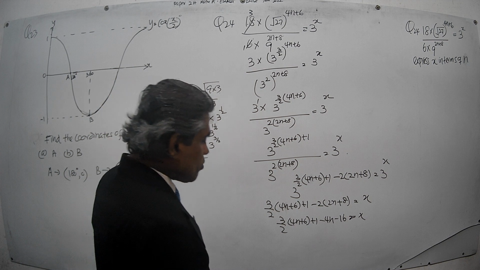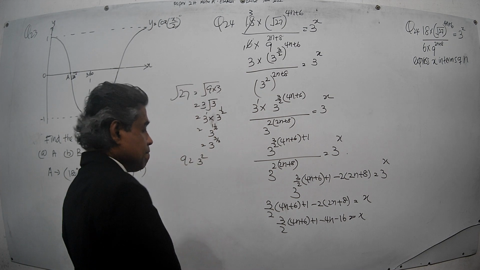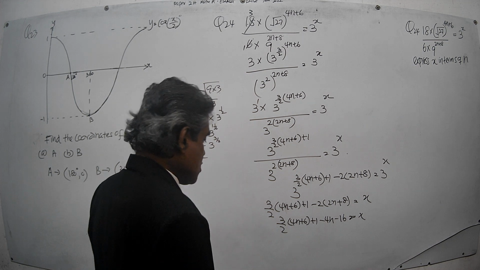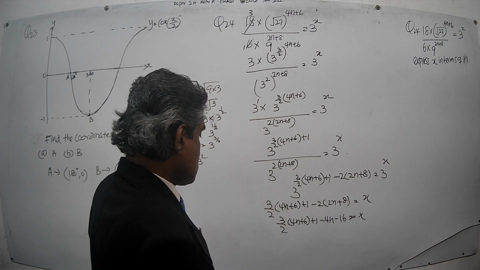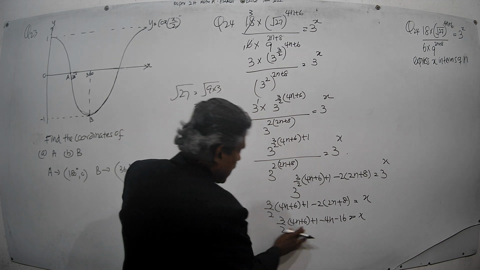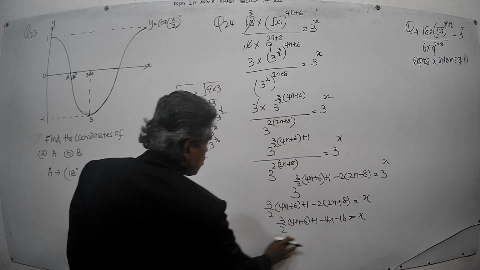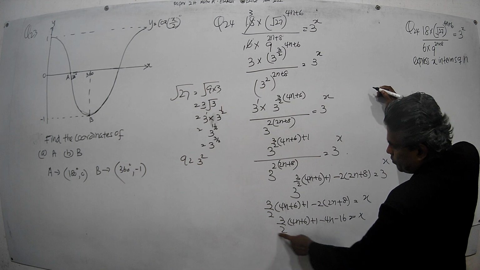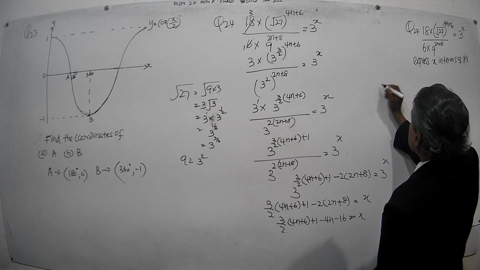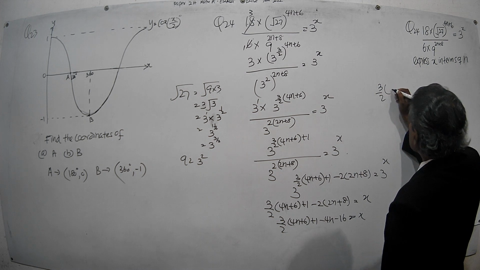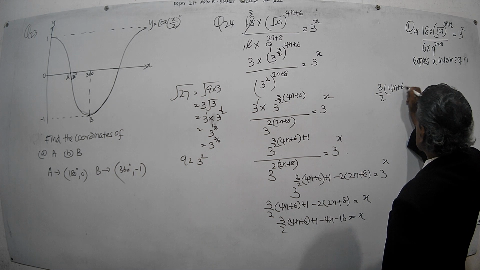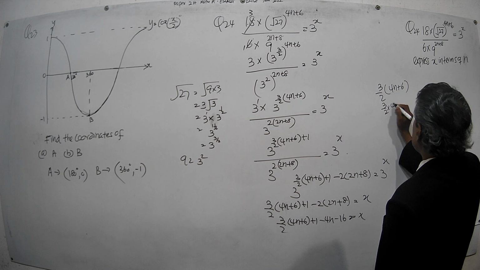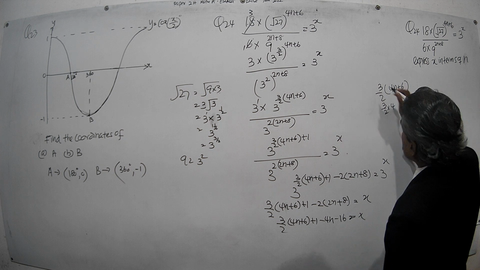Now we can remove this bracket also easily. Then how do we remove this bracket? That is this part, 3 over 2 into 4n plus 6. You multiply each and every term within brackets by this outside term, right?